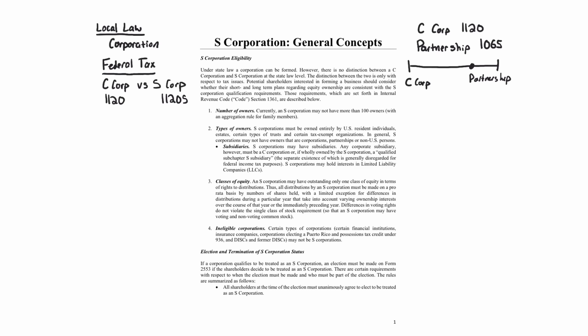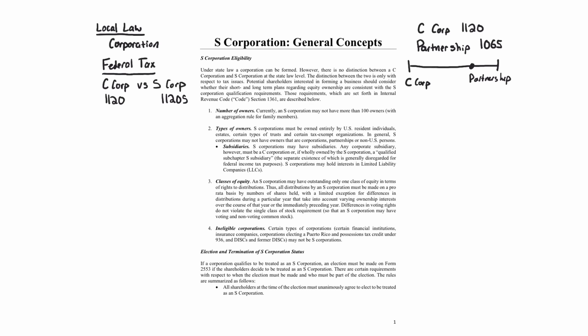Now in a later video, we're going to talk about the advantages and disadvantages of being an S corporation over an LLC and vice versa. So you'll see why an LLC might want to be an LLC for state law purposes, but for tax purposes might want to be an S corporation. So we'll learn about that later.